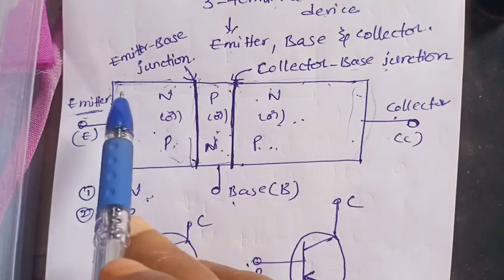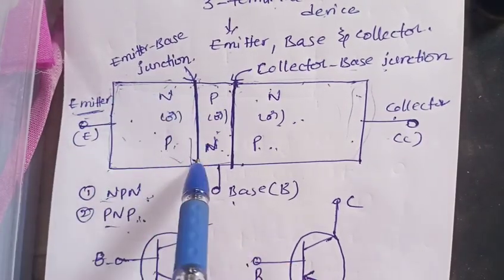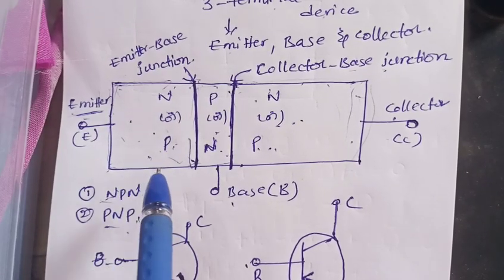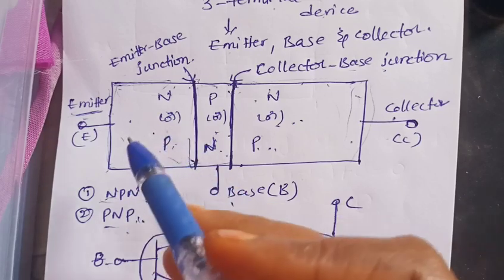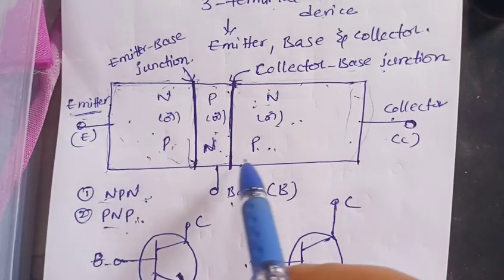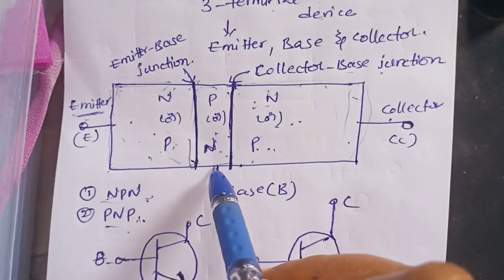The first one is the emitter. The emitter is the left region of the transistor, and its function is to supply majority charge carriers, that are electrons in the case of an NPN transistor and holes in the case of a PNP transistor, to the base.